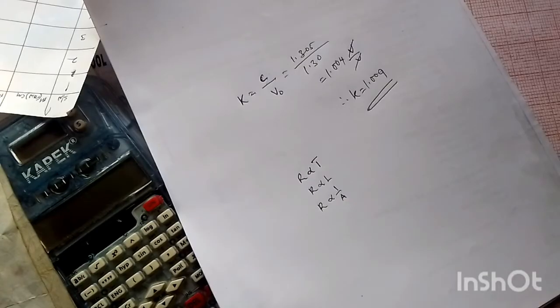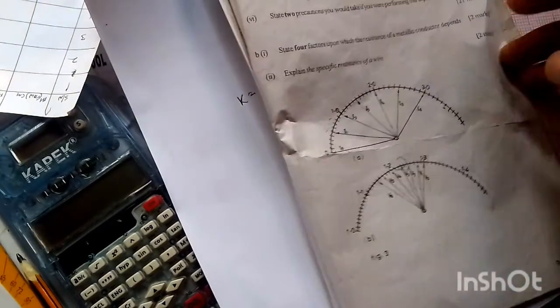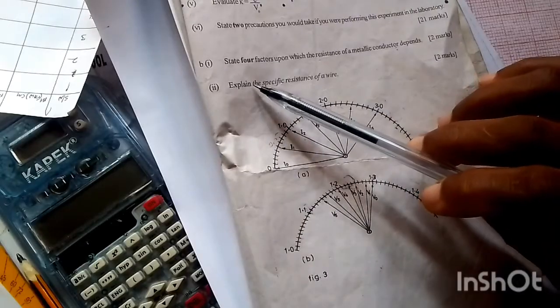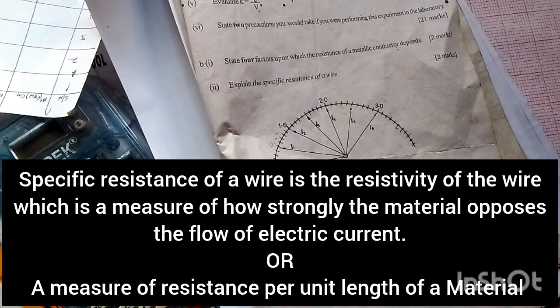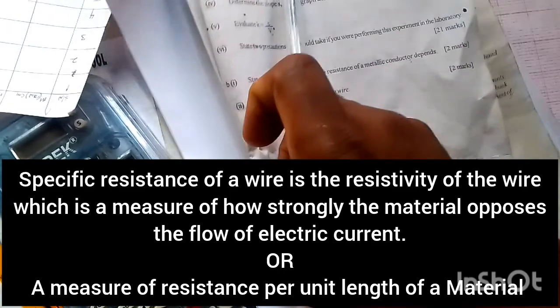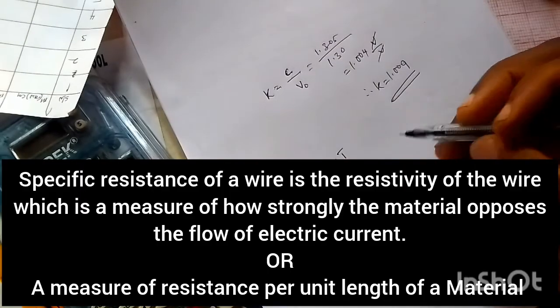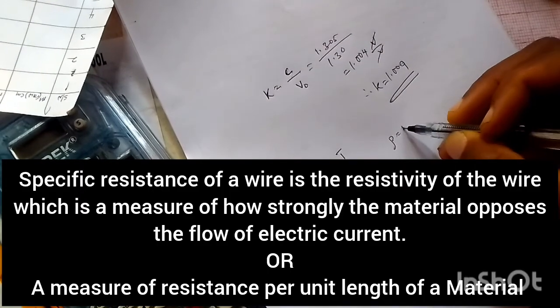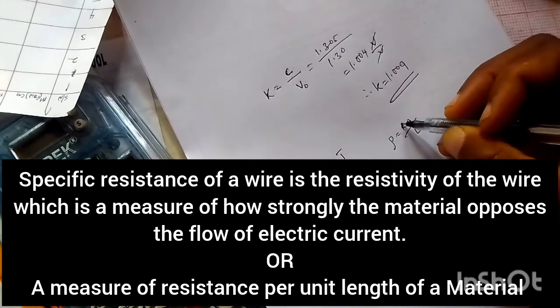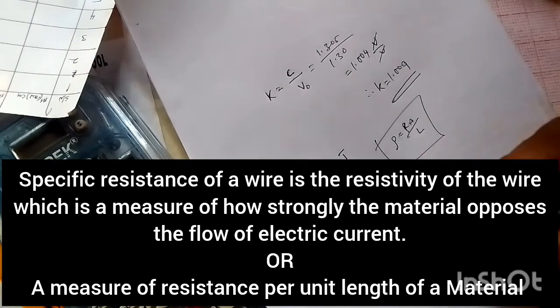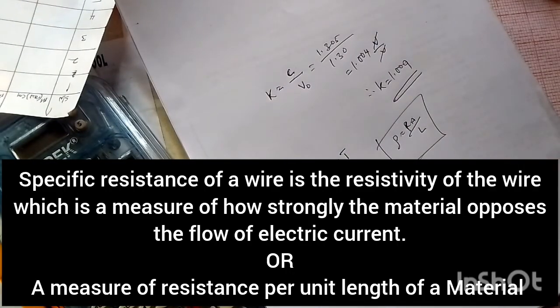Okay, the last but not the least question here, they said, explain the specific resistance of a wire. Now, this specific resistance of a wire is nothing but the resistivity of a wire. And of course, we know that the resistivity, rho, is equal to RA all over L. So we now will say that the resistivity of a wire is a measure of how strongly the material opposes the flow of electric current.